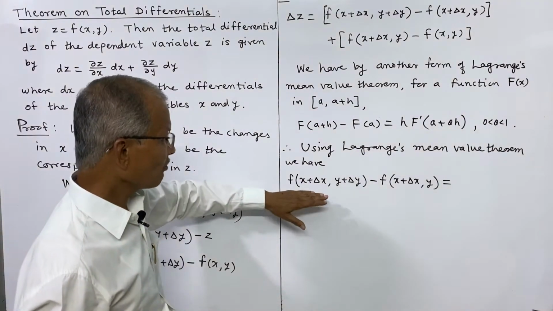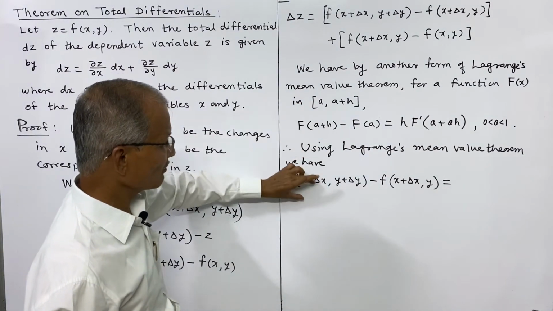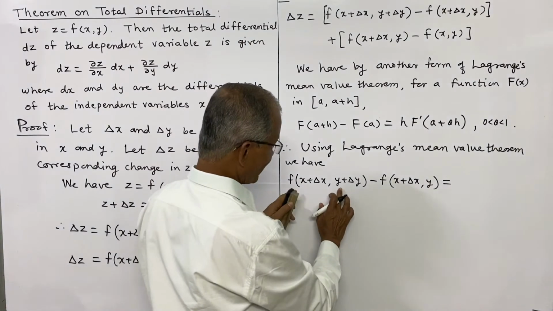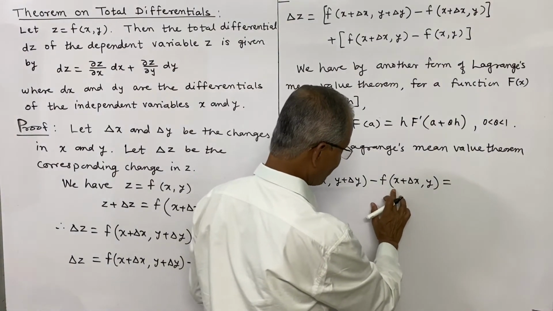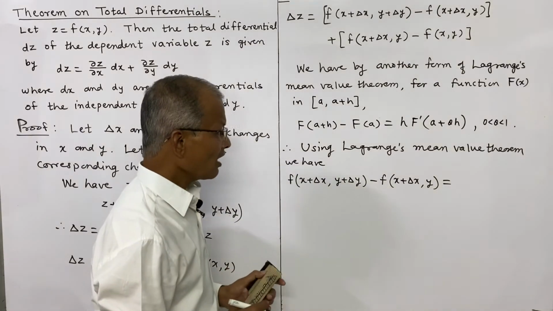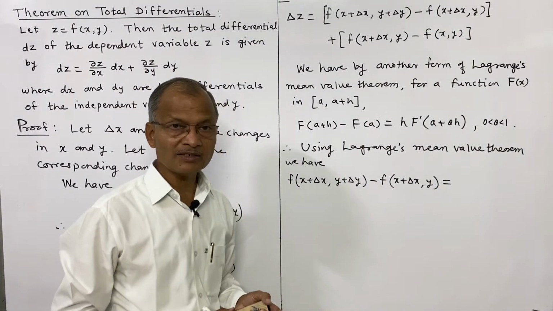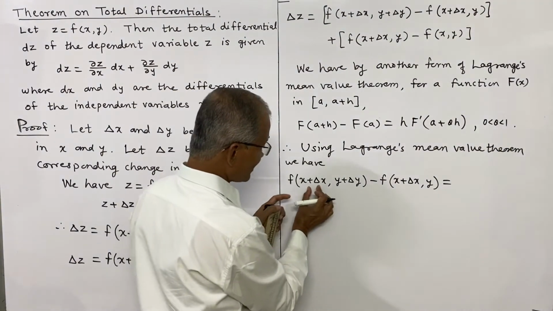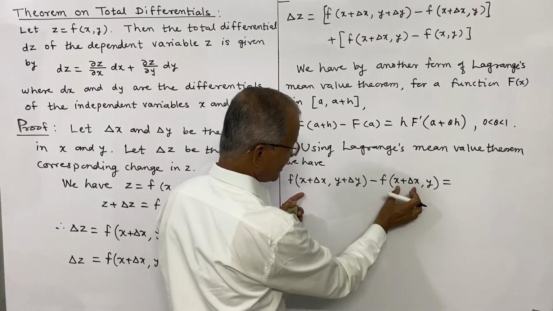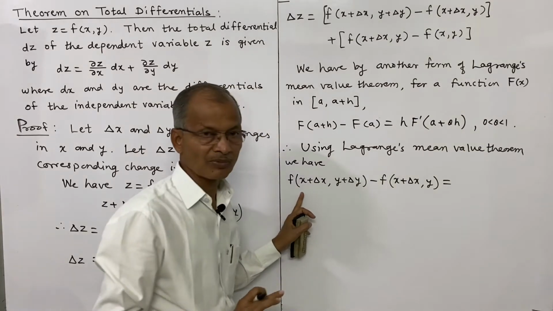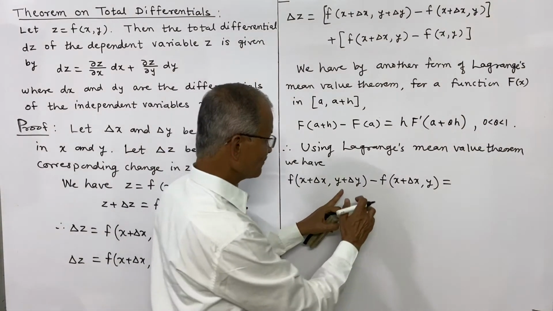And what will be the result here for this difference? f of x plus delta x comma y plus delta y minus f of x plus delta x comma y. Now we note in which variable the change is. Here you see x plus delta x and x plus delta x remain the same, so there is no change in the x value, and there is a change in the y value.